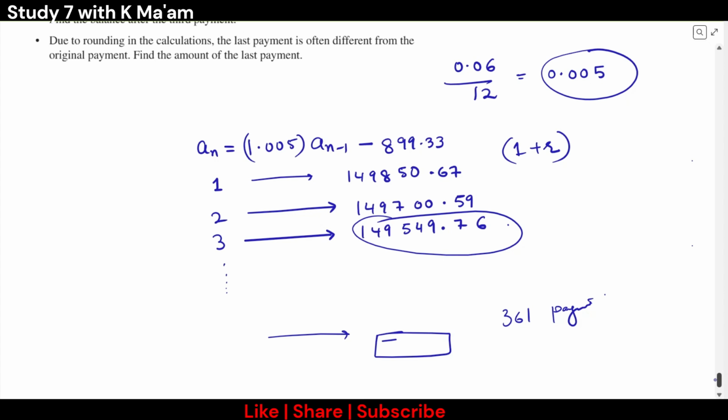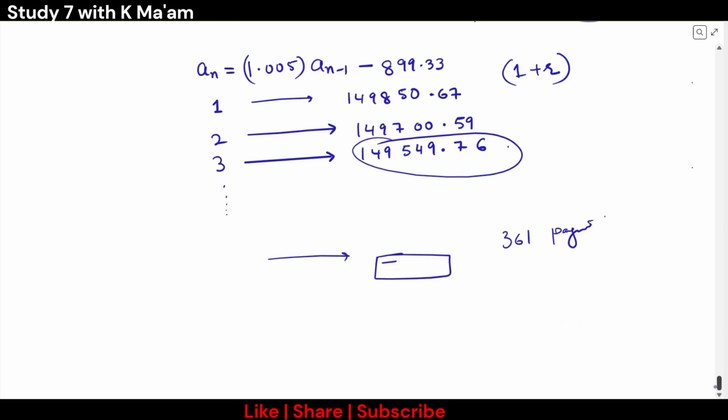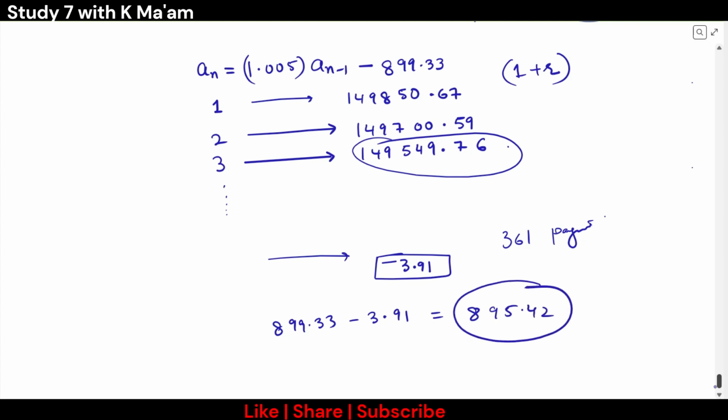So you have to show that the last payment will be... 899.33 was the monthly payment, and at the last you are getting negative 3.91, the first negative term. And we can't pay a negative, so just subtract 3.91. On subtracting, we are getting 895.42. This is the last payment we made.